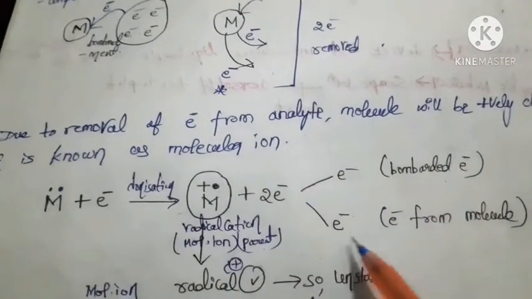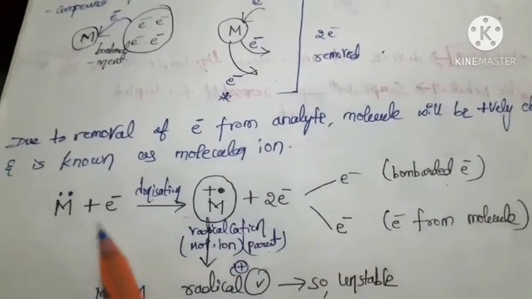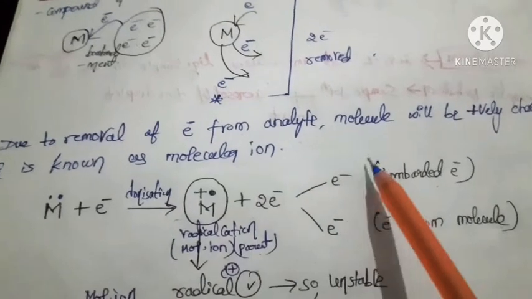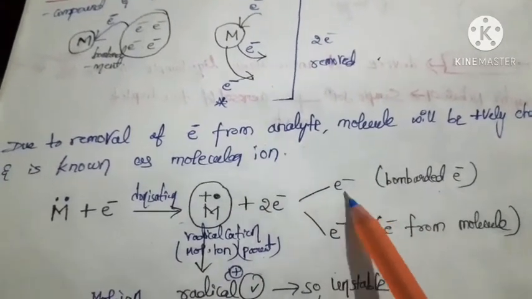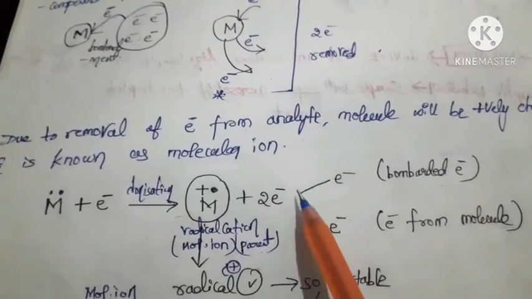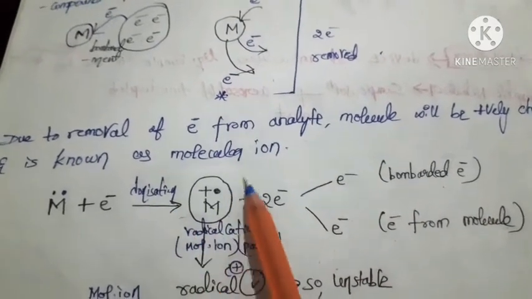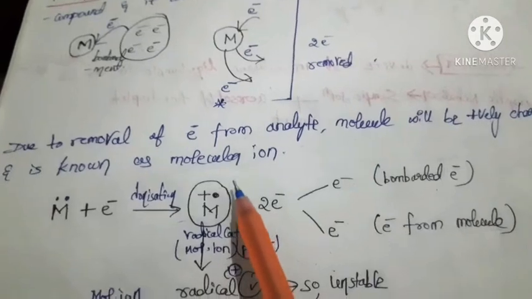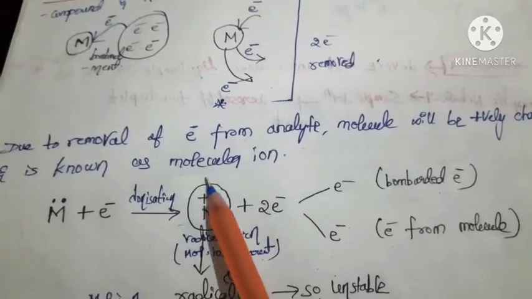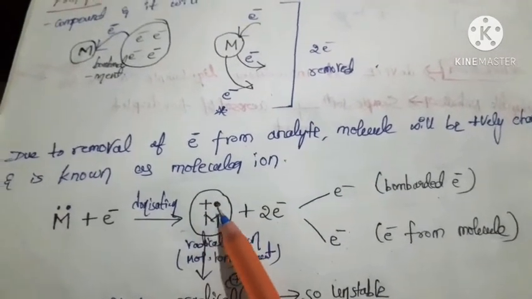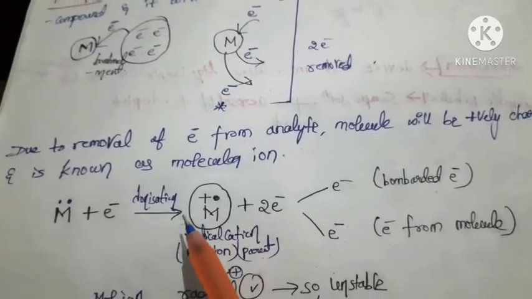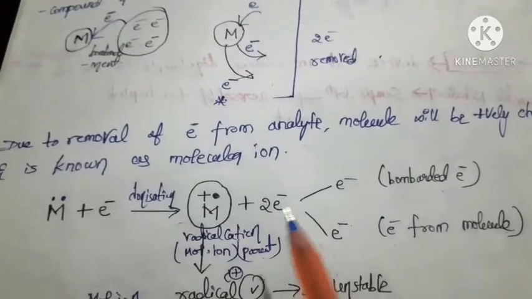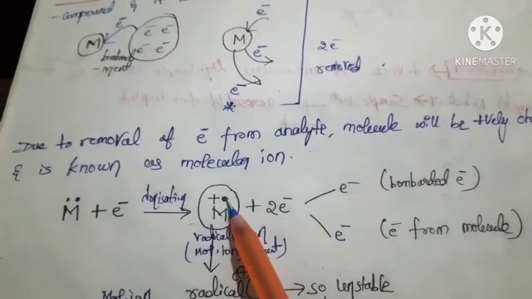Here one electron has bombarded, but two electrons are removed, no? Yes, sir. Among these two electrons, one is the bombarded electron and the second electron is from the molecule. One electron is removed from the molecule, so the other electron remains in this molecule and is represented in the form of a radical.